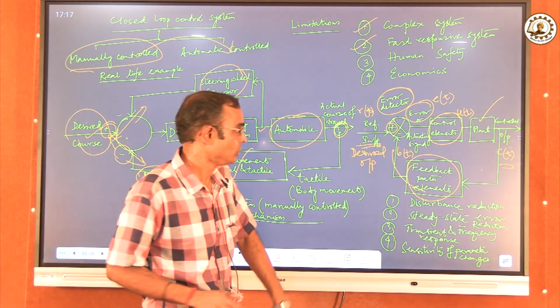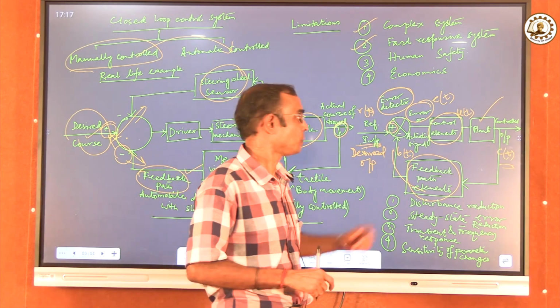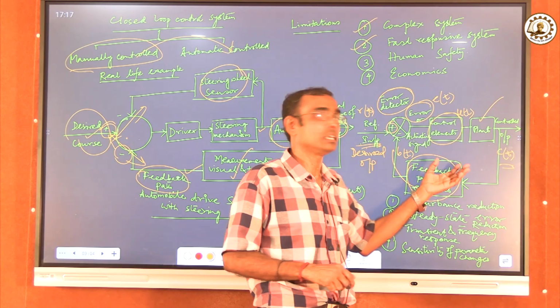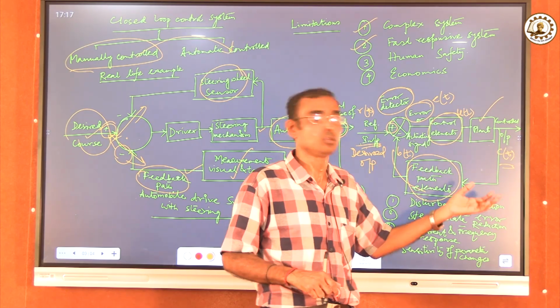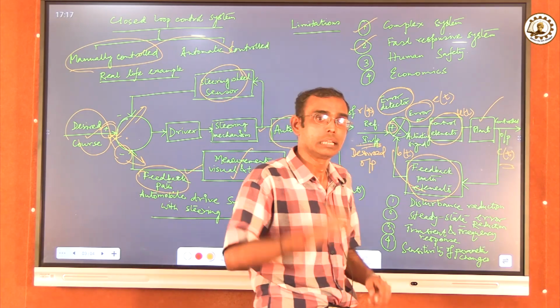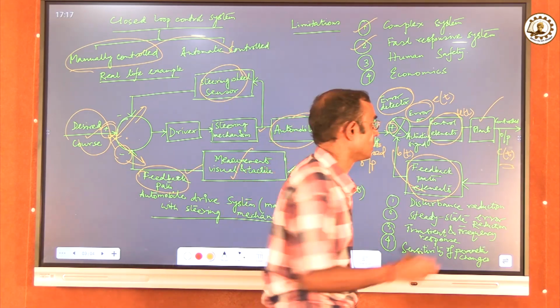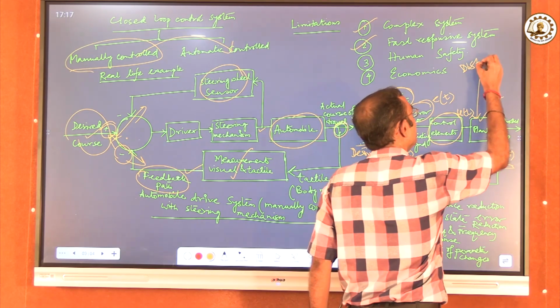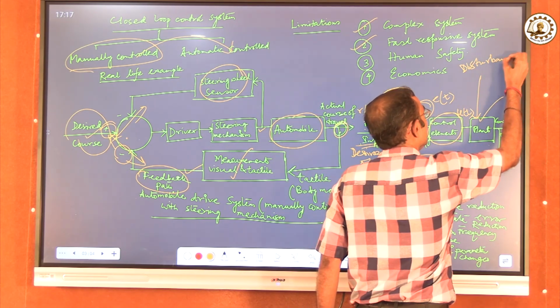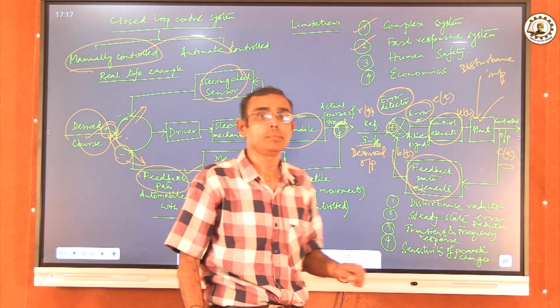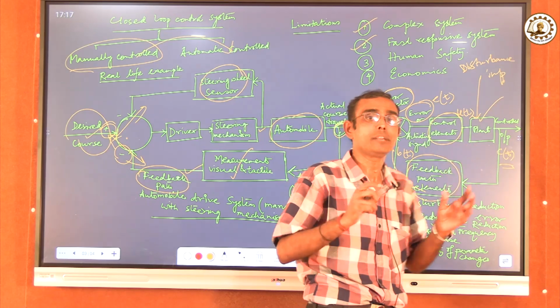Now, before I conclude, what are the final objectives of working with this closed loop system? Number one is disturbance reduction. What is disturbance? Disturbance can be encountered through this block, the plant. So this is the disturbance input. It is one of the main things which will disturb the plant parameters.